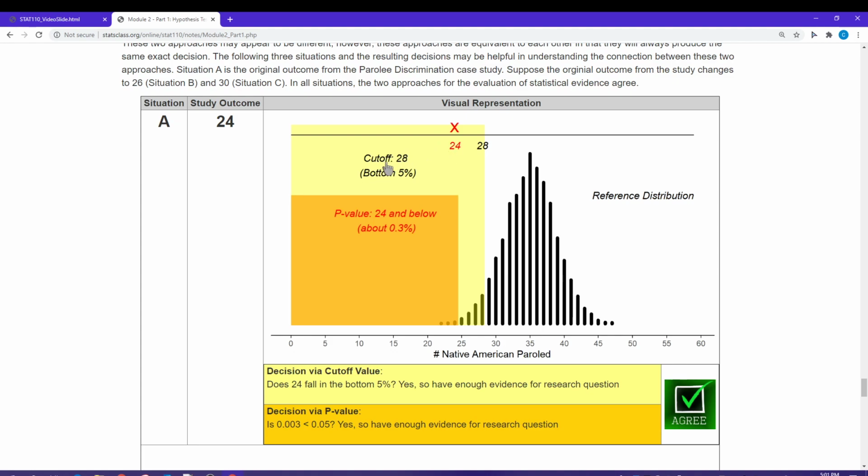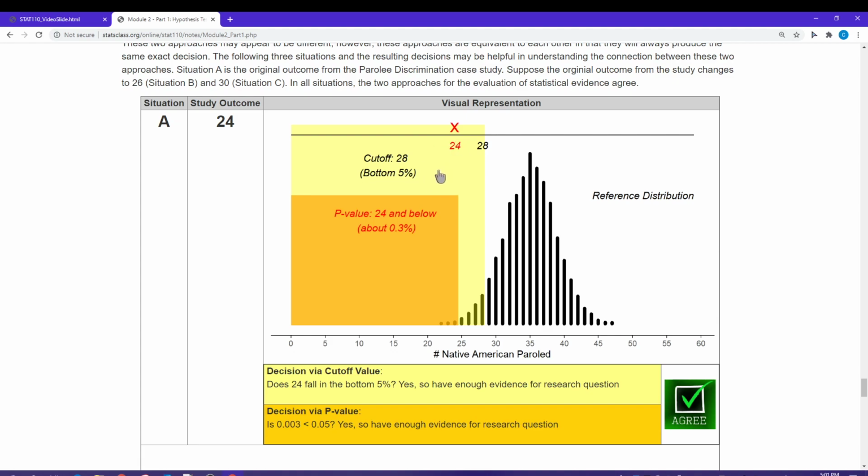So if I was using the cutoff approach, what I would do is try to find the bottom 5% of the distribution. I would say that my outlier rule, the cutoff value, or the threshold value, was at 28.